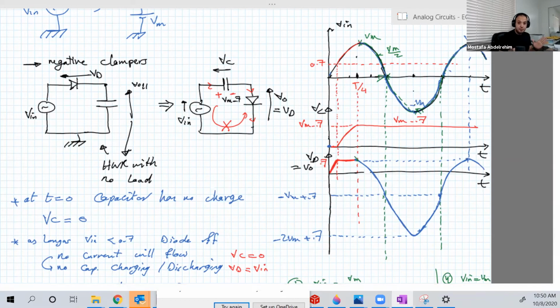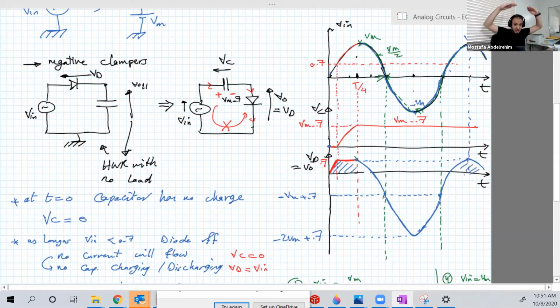So again, if we ignore the 0.7 compared to Vmax, you will not notice such a small positive shift. And your signal will just be down by minus Vmax.